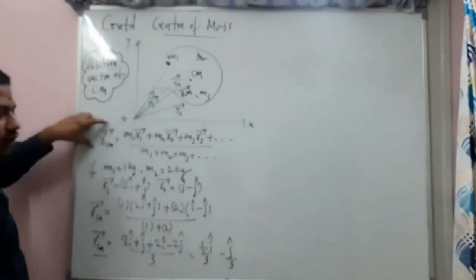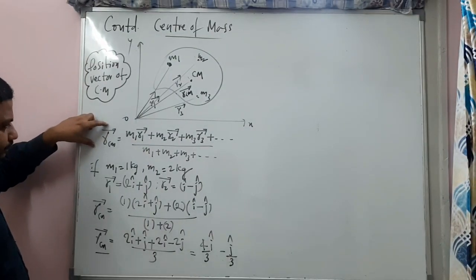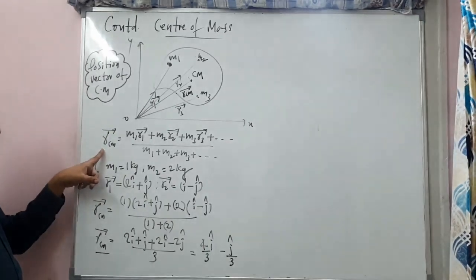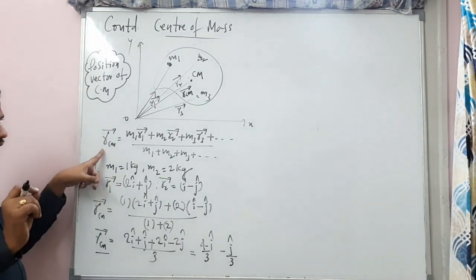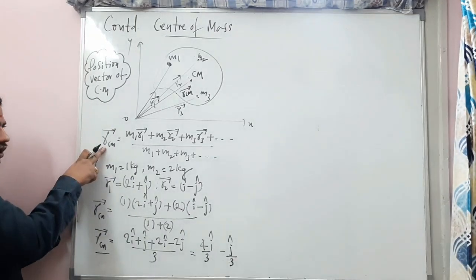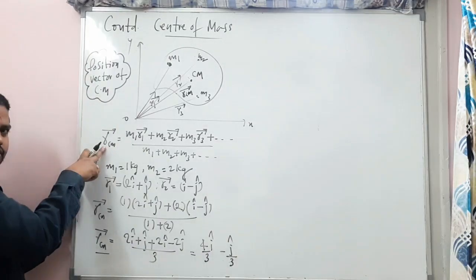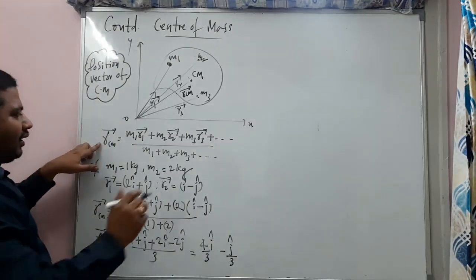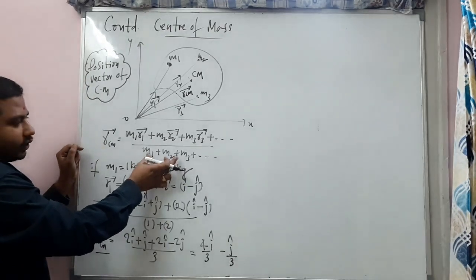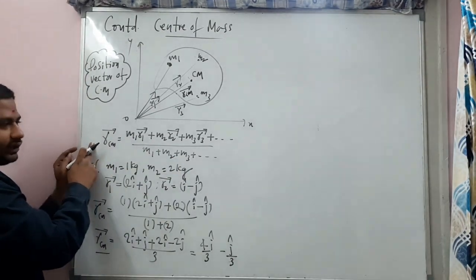Have a look at it. This is the position vector, right? The total mass is taken to this side.